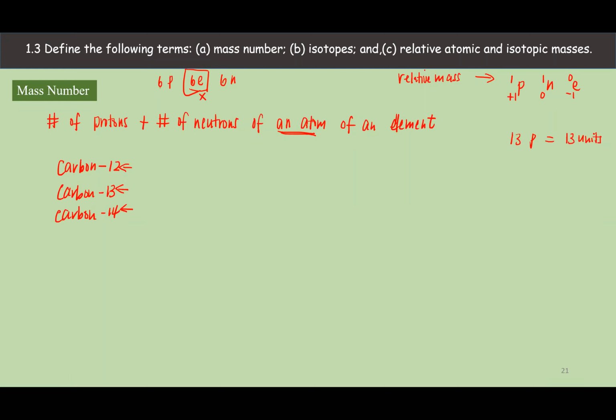So it is not 6 plus 6 plus 6, it is not 18. It is just 6 plus 6, which is going to be 12. Again, mass number applies to an atom of an element, and for those atoms that have isotopes, if you want to find the mass number, you need to specify which isotope you're talking about.